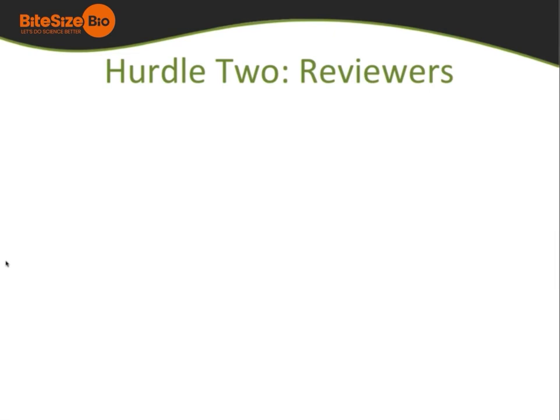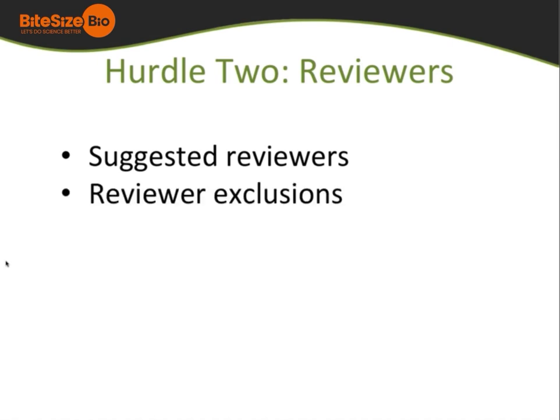If you've managed to pass that first hurdle and the editors think that your paper is suitable for publication, they will send it out to reviewers. And here is where we go back to the fact that the journal may ask you to suggest reviewers to review your paper. They also may ask you if there's any particular people that you want to exclude.